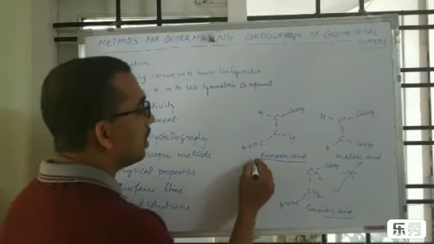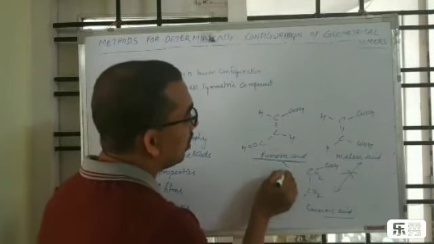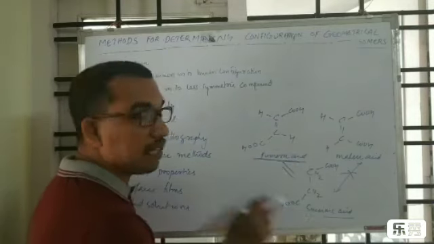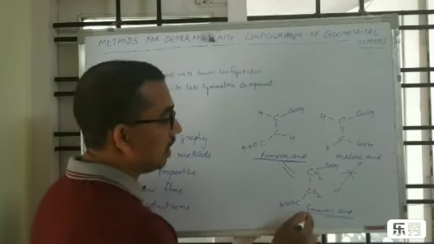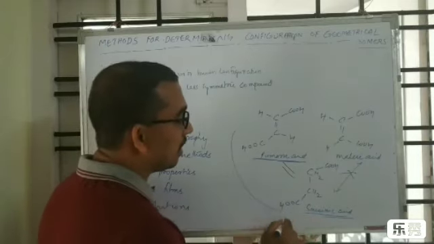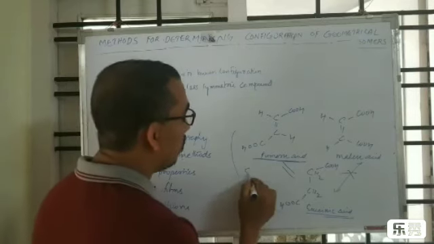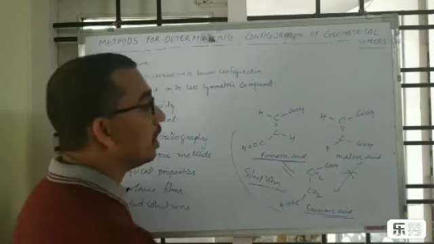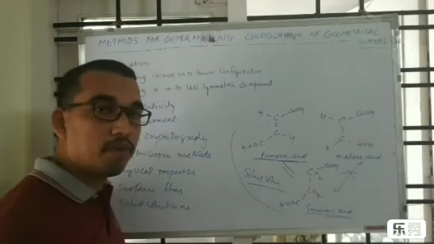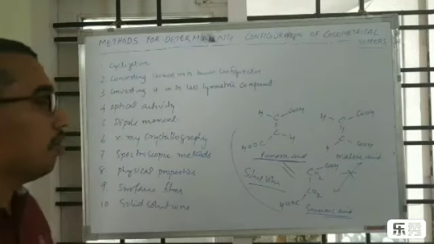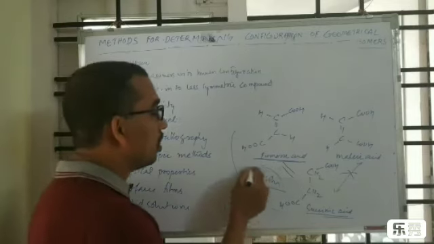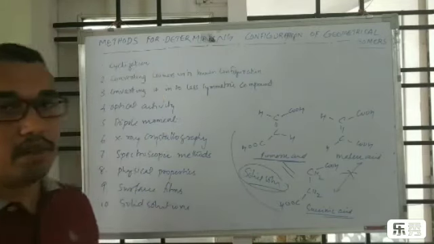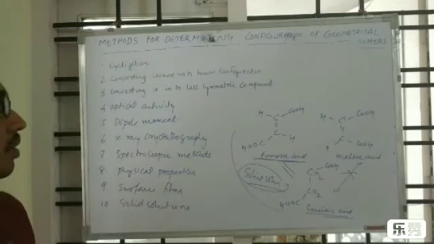Fumaric acid has similar shape with its corresponding acid, succinic acid. So fumaric acid and succinic acid will form solid solution, but malic acid and succinic acid will not form solid solutions. By the formation of solid solution, we can assume the configuration of some geometrical isomers.